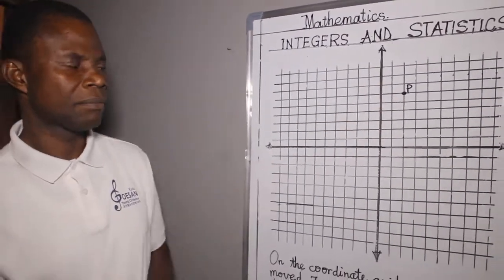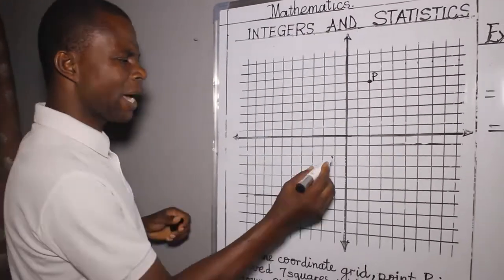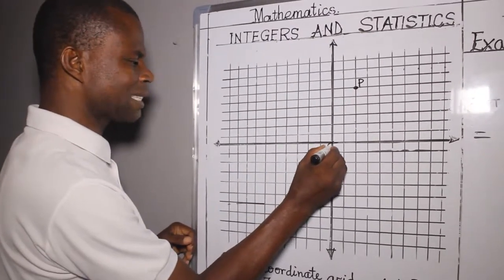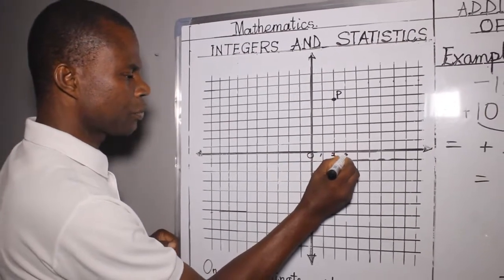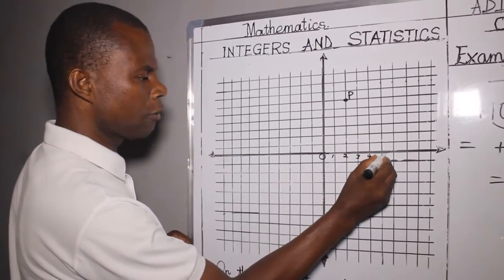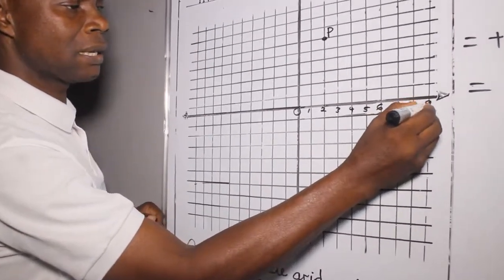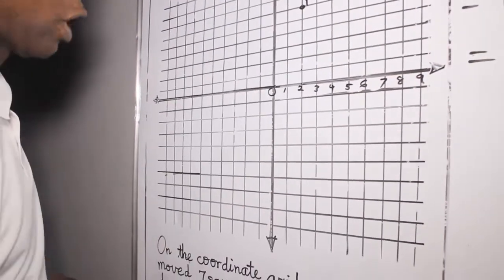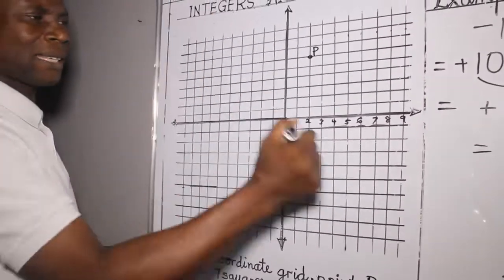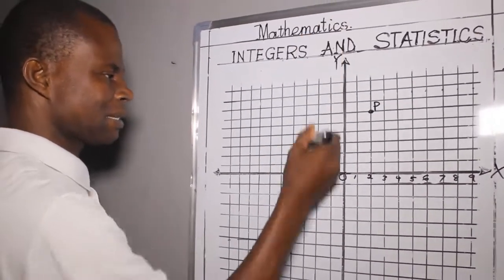This is P. And the coordinate here, each square from here, the point of intersection is 0. This is 1, this is 2, 3, 4, 5, 6, 7, 8, 9. Now we go to the y-axis. This is the x-axis, and this is the y-axis.